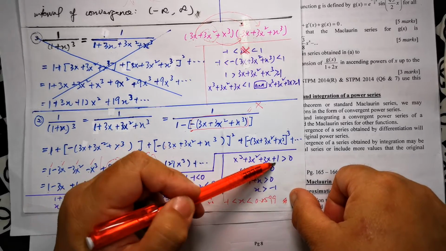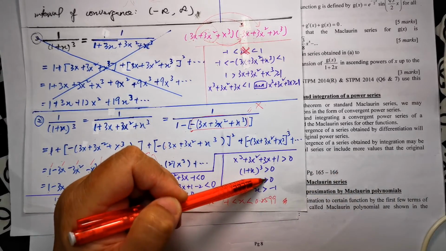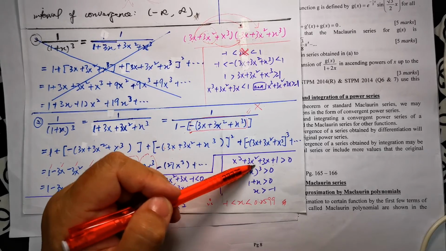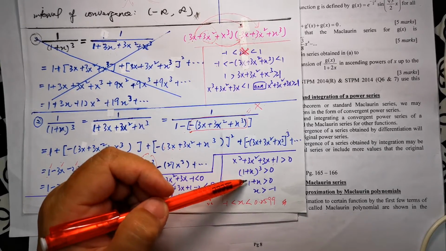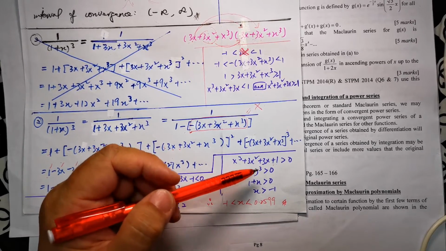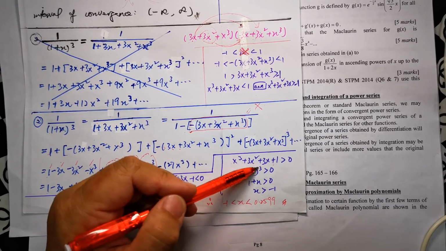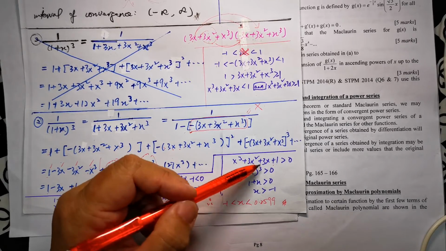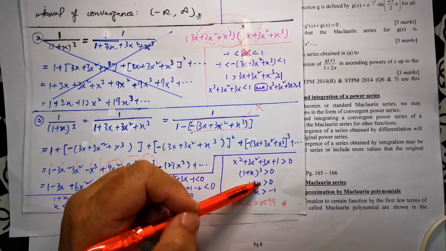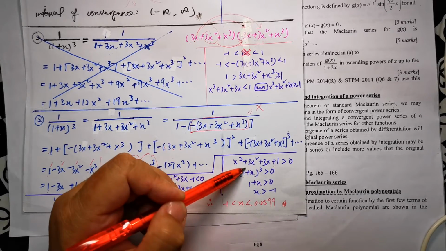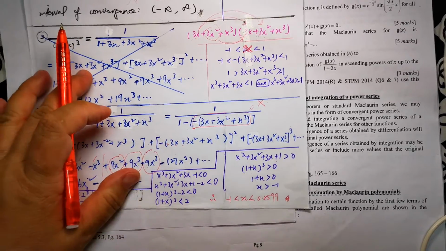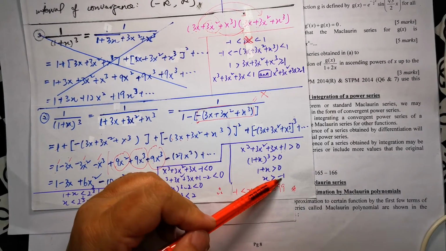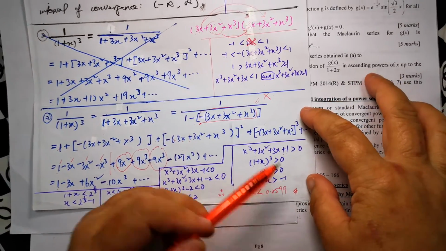So 1 + x cube positive, so 1 + x also must be positive. This one is odd power. It doesn't mean that for all values of x it is always positive; that one is for even power. This is odd power. So if 1 + x cube is positive, 1 + x also must be positive. A positive number after cube, then only positive. Therefore, x more than -1. So this is for this part.